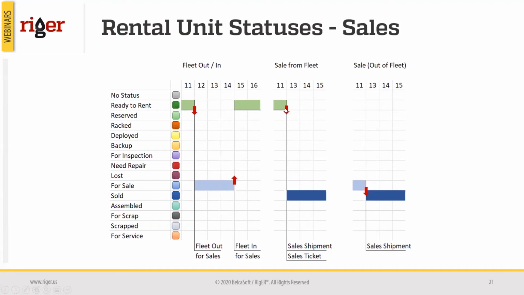Or if we would like to move it to sales by posting the sales shipment document, it will convert the status from for sale to sold. And if we do not want to use the for sale status, we can directly use a sales shipment document, and the ready to rent unit will go to sold status.